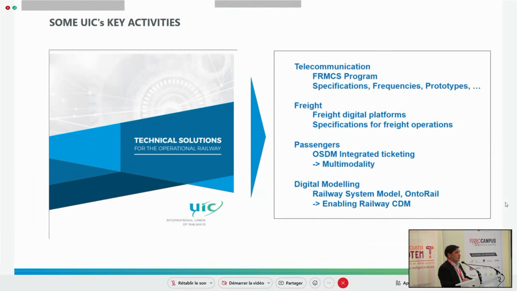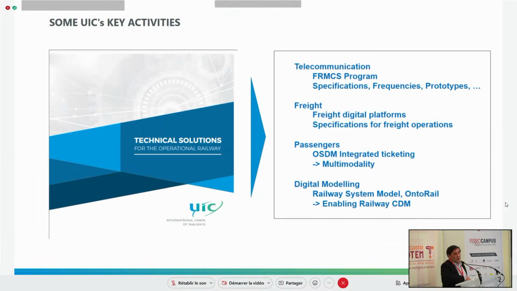So UIC is concentrating on that today. It's concentrating on trying to put together a global, what we call a digital freight platform. This acronym means that it's 12 selected applications, very useful for the future to fluidify, to make more flexible the management and the operations of freight. Okay?